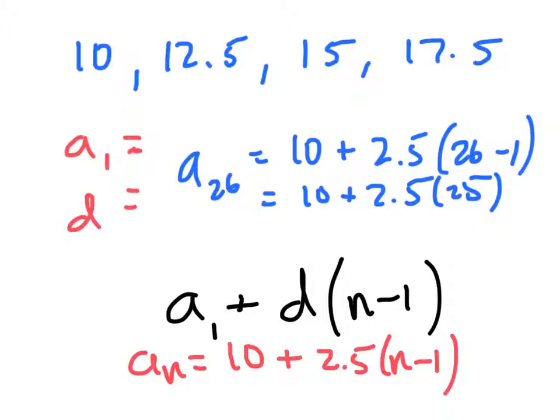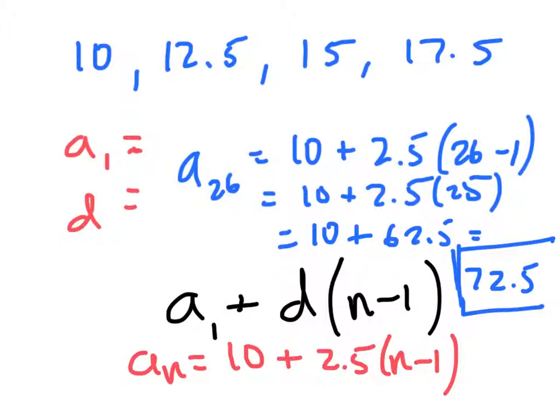And then 2.5 times 25 gives me 62.5. So this will be 10 plus 62.5, or 72.5. So that means that in this sequence, 72.5 is the 26th term because I plugged it into the formula that I found.